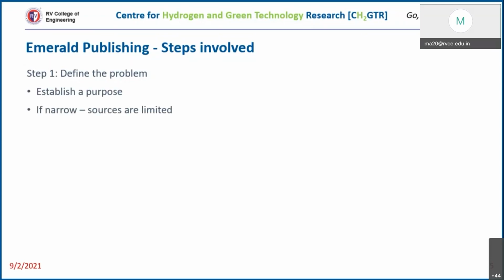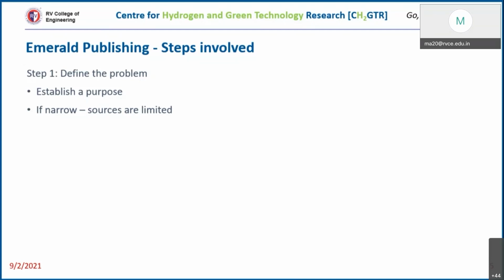And whatever problem you are defining, if it is very narrow and too specific, then the information available about that becomes limited. Of course, any new research, when it is started, that is how it is going to be.